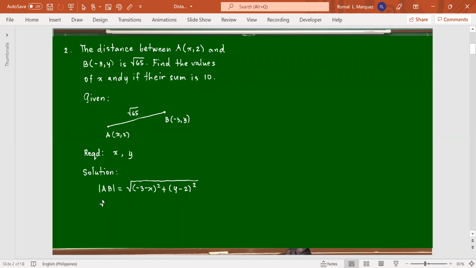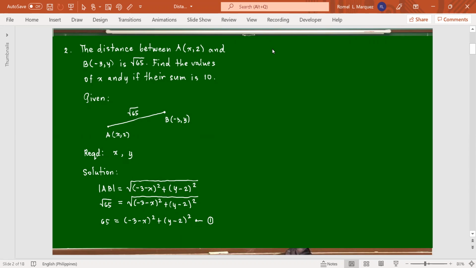Guys, square root of 65, right? Is equal to the square root of (-3 minus x) quantity squared plus (y minus 2) quantity squared. Let's square each side to get 65 equals (-3 minus x) quantity squared plus (y minus 2) quantity squared. This gives us the first equation.